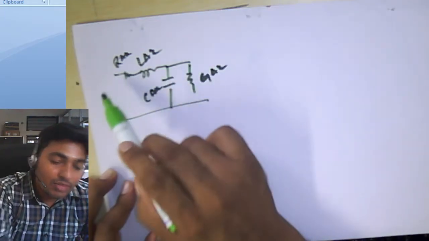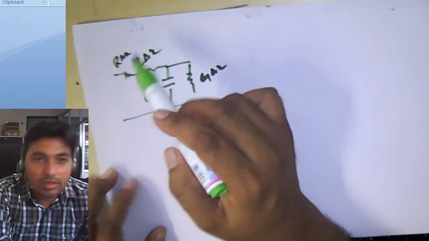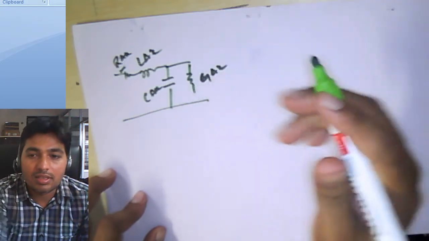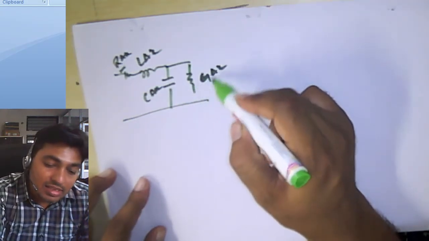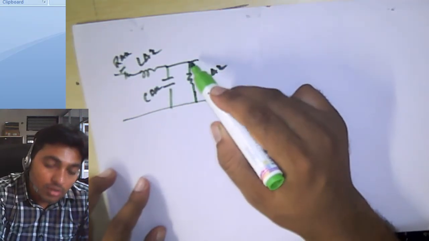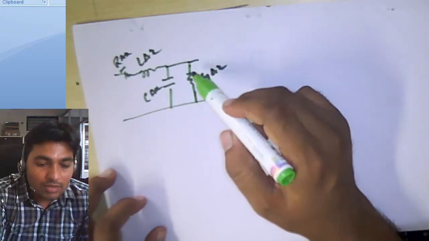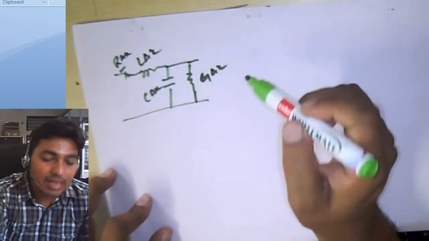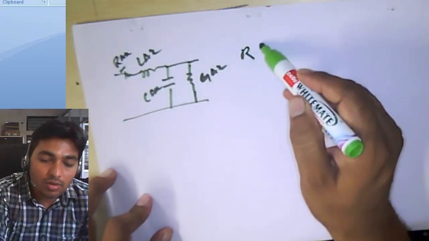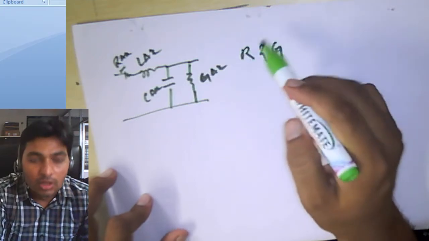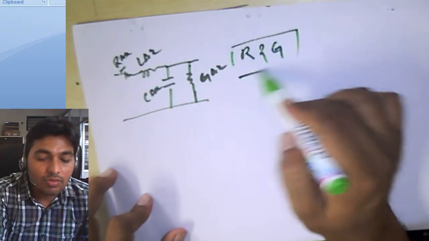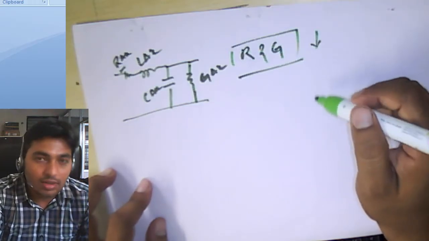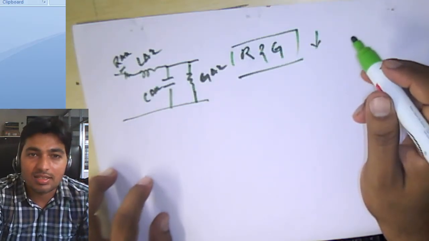I told you that this resistance accounts for all the losses in the transmission line, while G accounts for the leakage current, because these are two conductors. So R and G account for all the losses in a transmission line. If somehow we reduce these or make them equal to 0, then our line will be a lossless transmission line.